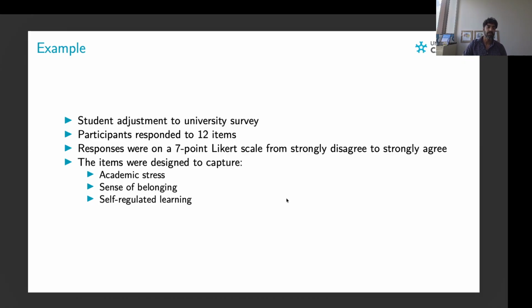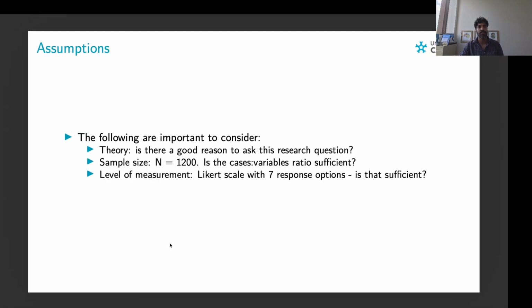Or for sense of belonging: I feel connected to my teachers, I feel connected to other students, I feel connected to the university. Self-regulated learning is: I take initiative to watch lectures and keep on top of assessments. And so these are the items that we're asking in the survey that are designed to capture these constructs.